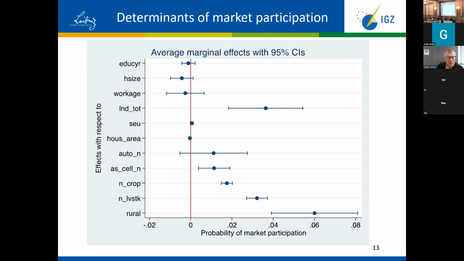So these are factors, whatever stays on the right side from that line means that it's a statistically significant result. For example, being in a rural area, having more varieties of crops or livestock, but also land is substantial. Yeah, so you should have larger plots of land to be able to produce a commercially viable amount of products to sell. And this is where we are more or less standing.